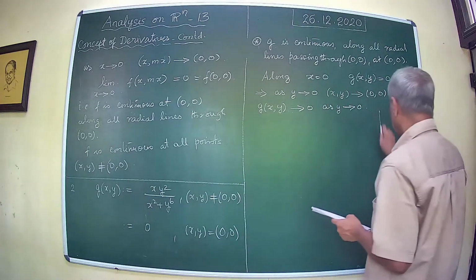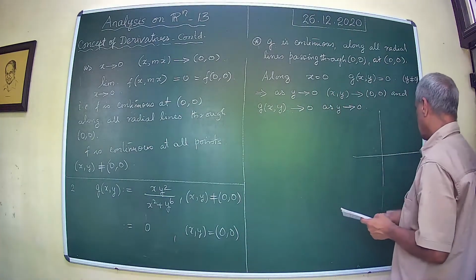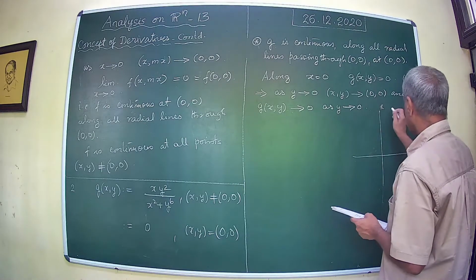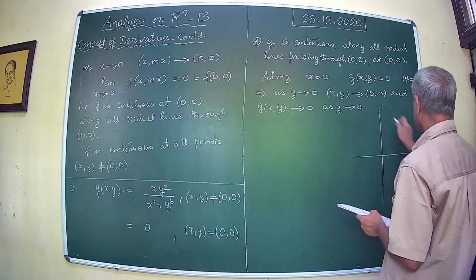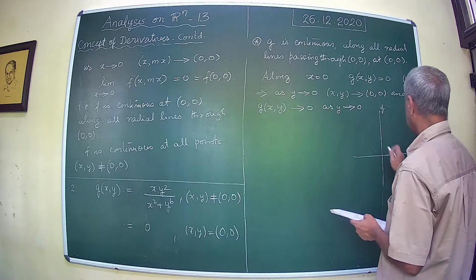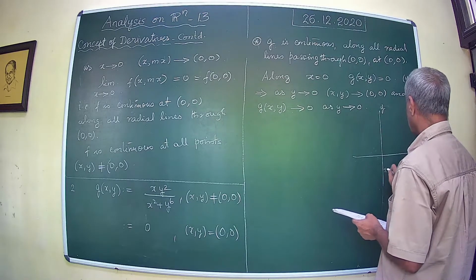It is straightforward. This is the line x equal to 0.